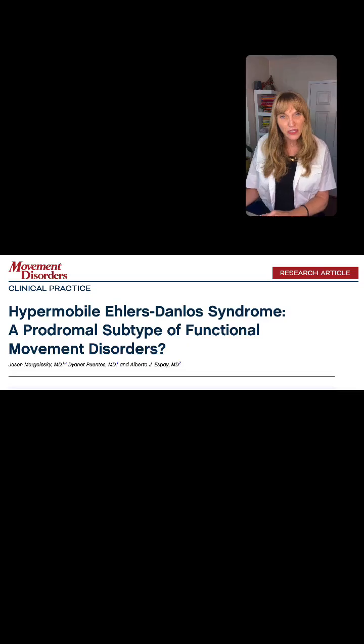Now, my clinical experience is not that it's prodromal. And so I'm not saying necessarily that I disagree. They were asking a question, is it prodromal? My clinical experience is that these things just come alongside of each other, and perhaps the hypermobile EDS is actually a predisposing factor.